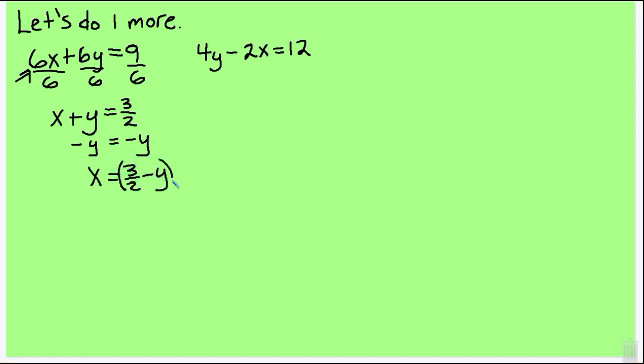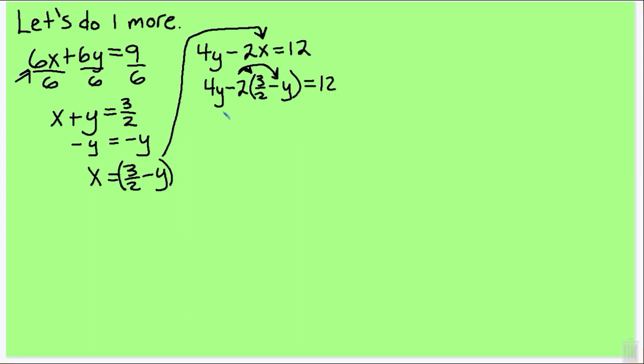So I'm going to take that quantity and substitute in the other equation for x. So I get 4y minus 2 times 3/2 minus y in parentheses. And that's equal to 12. I'm going to do the distributive property, 2 times 3/2 and 2 times y. So I get 4y minus 3 plus, because a negative times a negative makes a positive, and we get 2y.